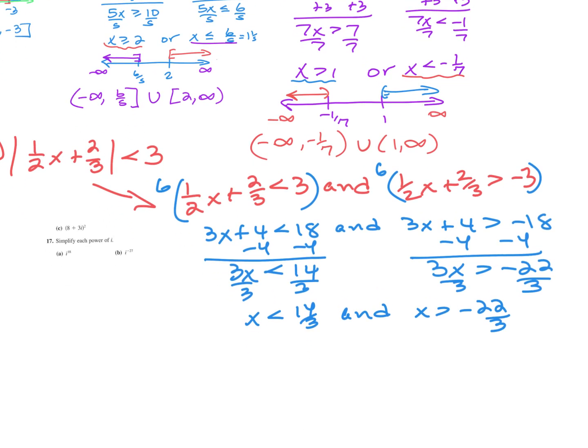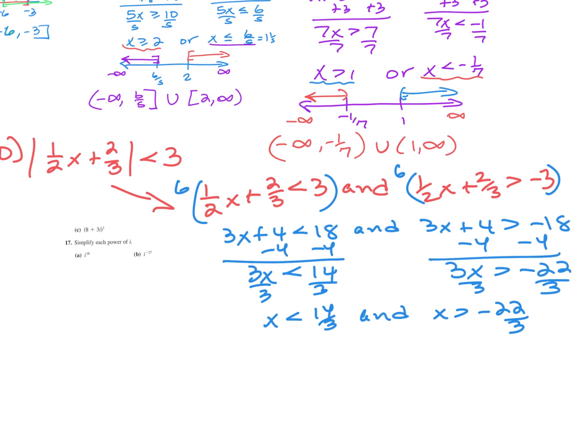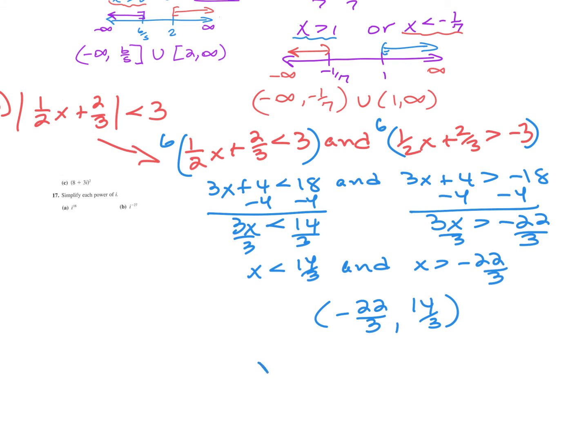So again, this is a segment. It's just as simple. It started out as a less than, so I will do -22/3 and 14/3. And again, if you want to see it on the graph, that one I'll do in purple, this one in red, and again, negative first, and then the positive.